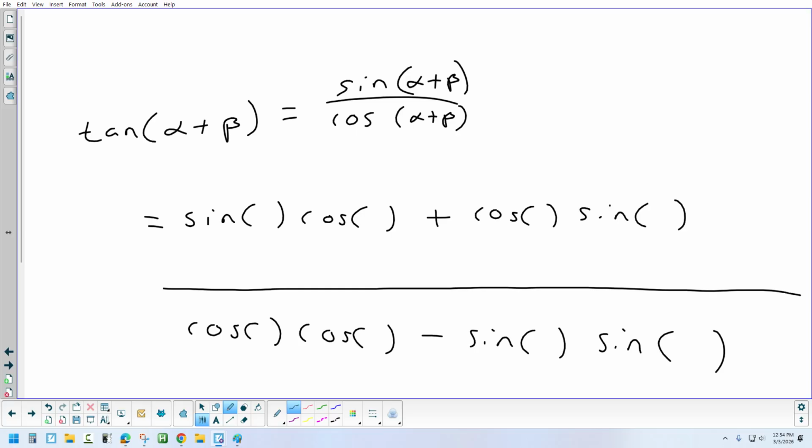All right, so now we just have to fill in all our angles. Alpha, beta, everywhere. Alpha, beta, alpha, beta, alpha, beta, alpha, beta. Now that's a little bit messy because there are 8 different things written there, two factors in each term. All right, so that's our problem.